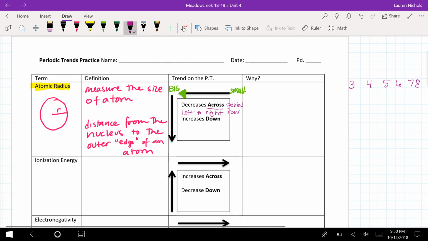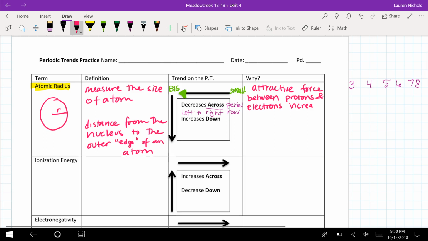That is opposite of what we might think. The way to really think about it is the attractive force between protons and electrons.